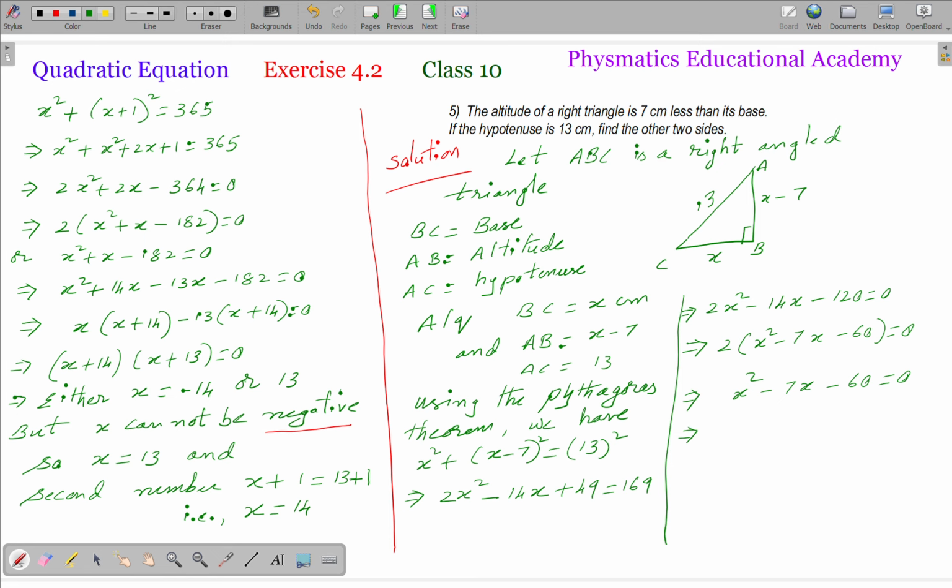That implies, when factorizing by the middle term method, x square minus 12x plus 5x minus 60 is equal to 0.